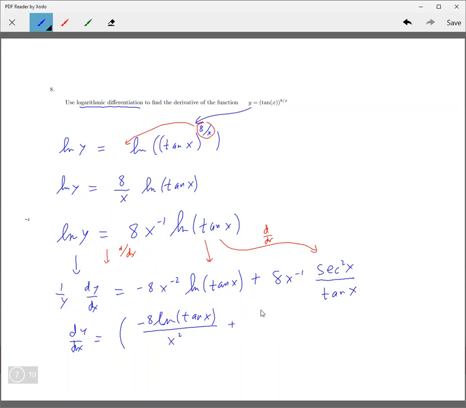And then this one is 8 secant squared x over x tangent x. And then we have this y right here. Okay, so this y ended up over here. And then, just like the previous problem, I'm going to replace this y with the original.